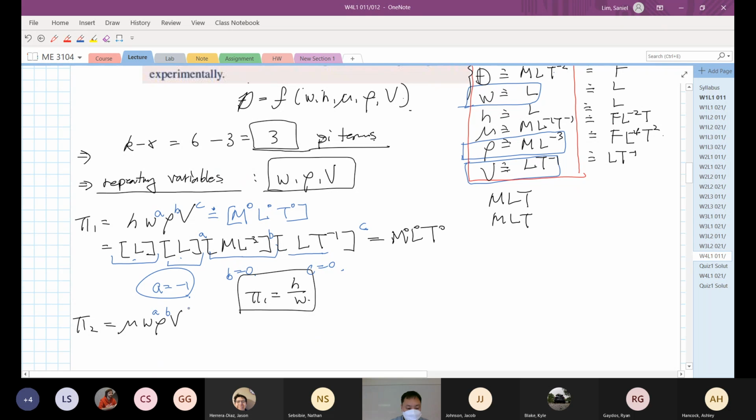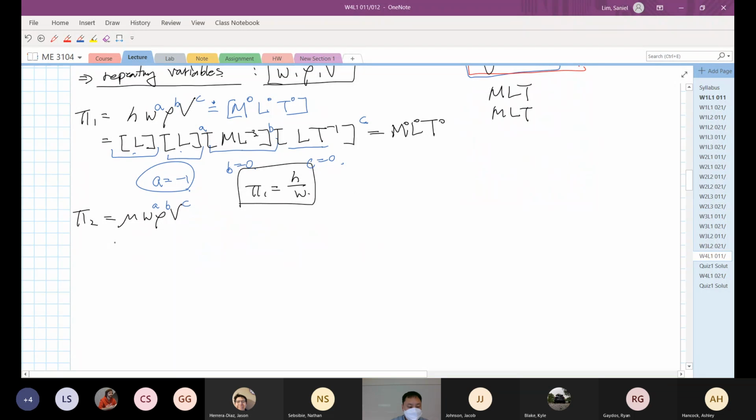We have A, B, C. Then it's going to be M, L -1, T -1, L, M, L -3, L, T -1 equals M0 L0 T0. We have A, B, C there.